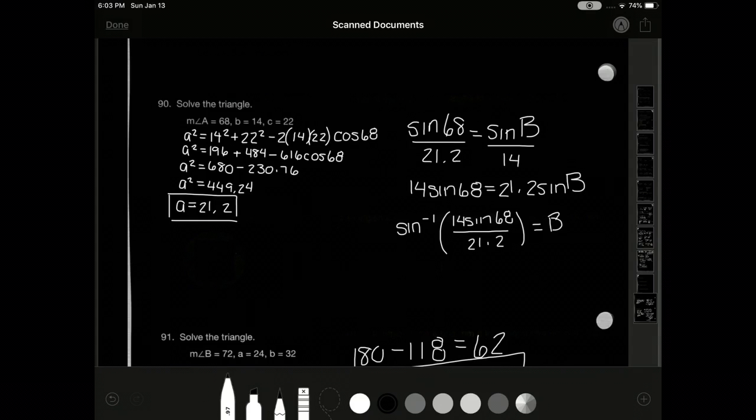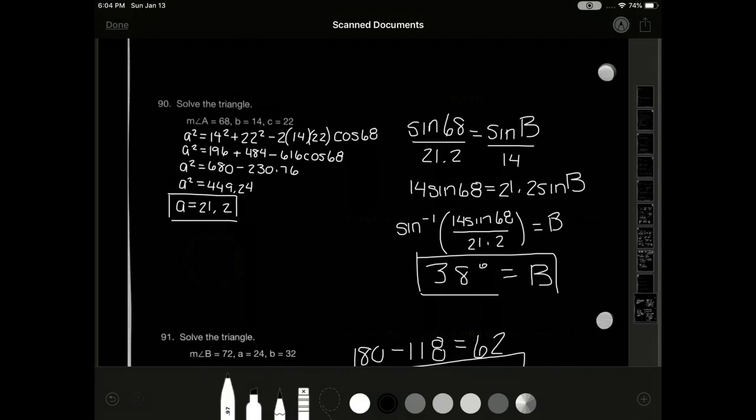So the 0.61229, I'm going to take the sine inverse, and I get 37.755, and it keeps on going. So since we're talking about an angle, we can go ahead and round it to the nearest whole number, which is 38. So 38 degrees for B.